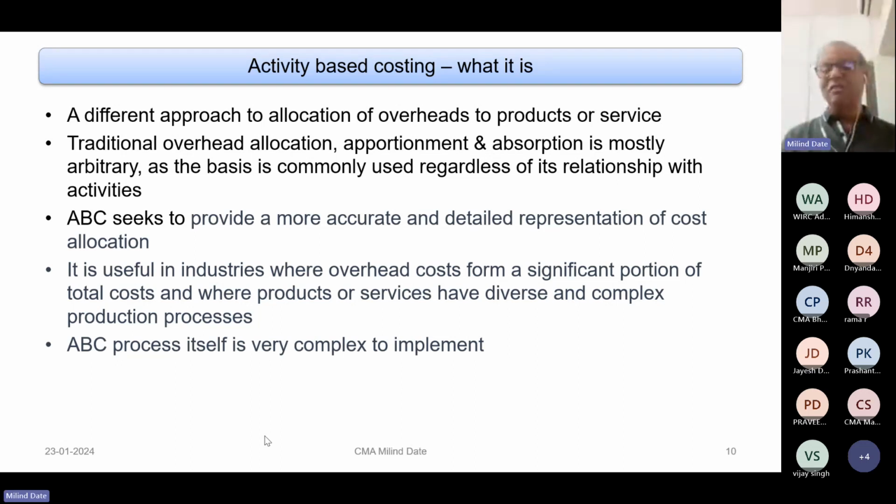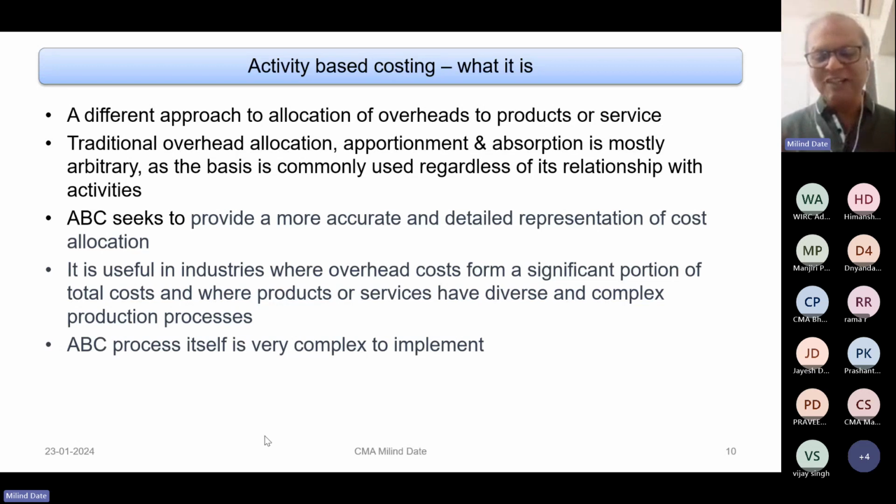Of course, the process itself is very, very complicated and complex to understand. I'm not saying it is hard to implement, because nowadays you have the liberty of using a lot of computer systems which have an inbuilt way of calculating the volumes of drivers.